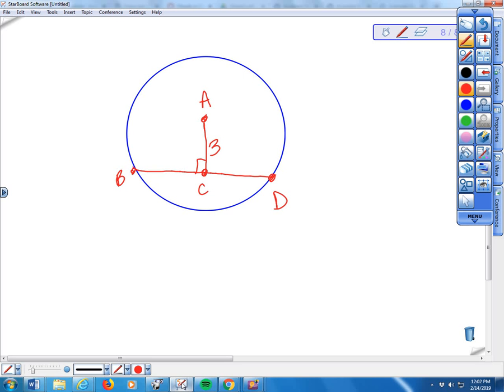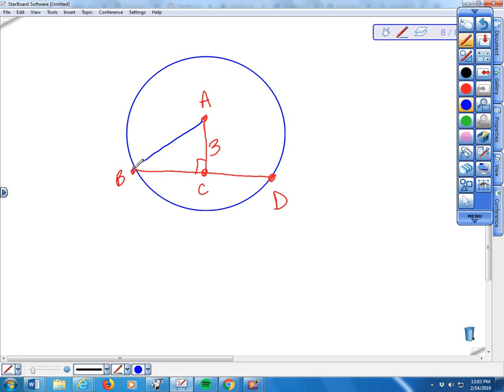Okay? Sometimes when you are given a drawing, they don't actually draw in what you're looking for. So go ahead and take the liberty of drawing in what you're looking for. So if I draw in the radius, which is this, right? I could also draw it here. I could draw it anywhere on the circle, but it makes sense to go ahead and connect it to a point, because now what do I have? A right triangle, right? We know BD is 12.